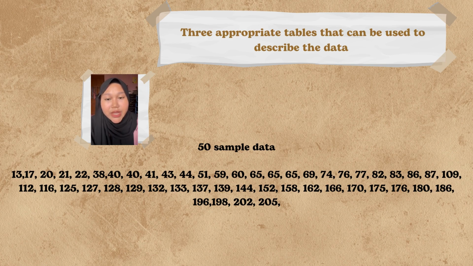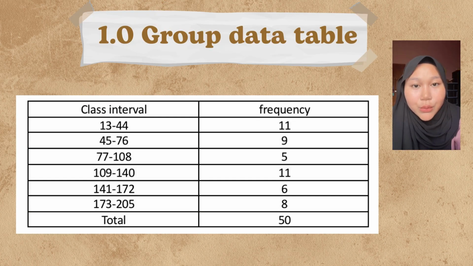To construct three appropriate tables that can be used to describe the data. So this is 50 sample data. First, the grouped data table.